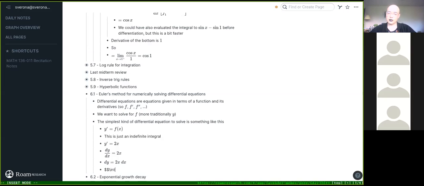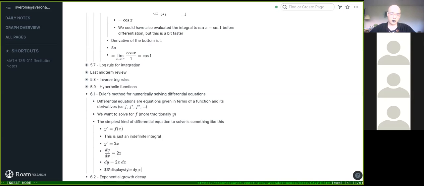So then what I can do with this equation is I can integrate both sides. And since these are equal things, when I take the integral of them, they should have the same indefinite integral, right?